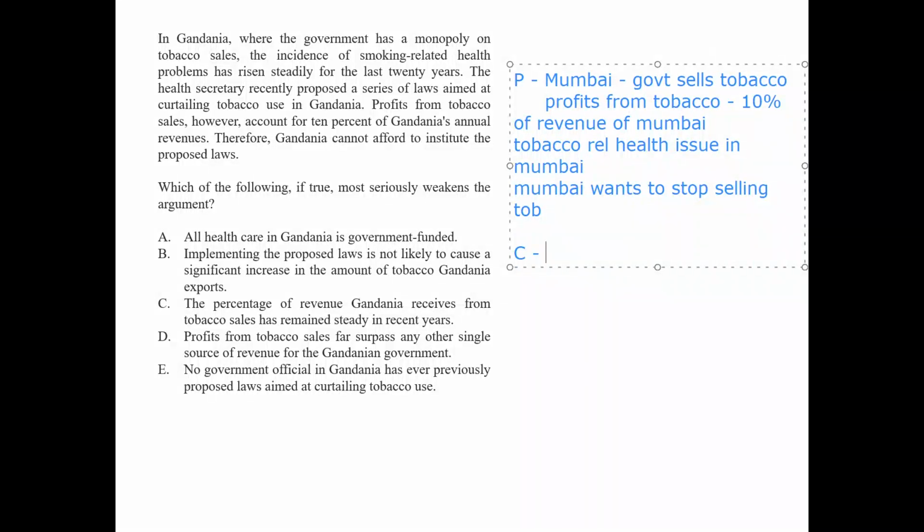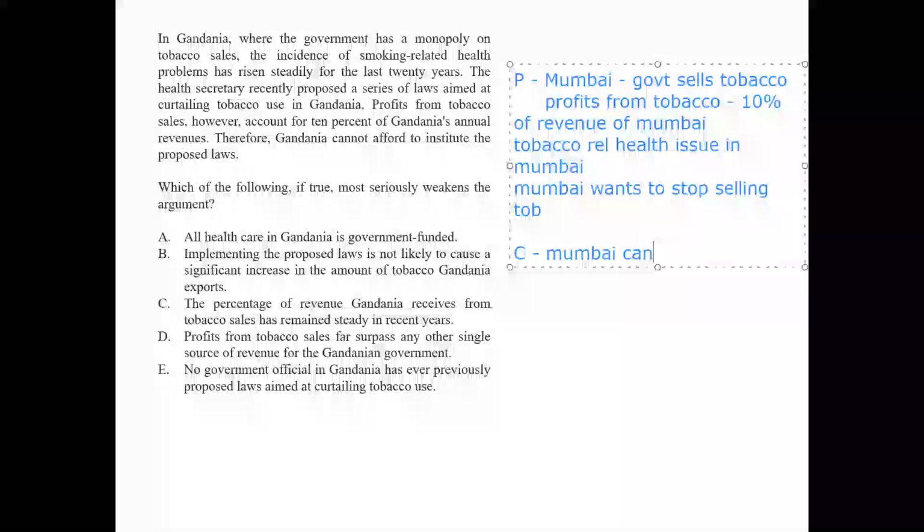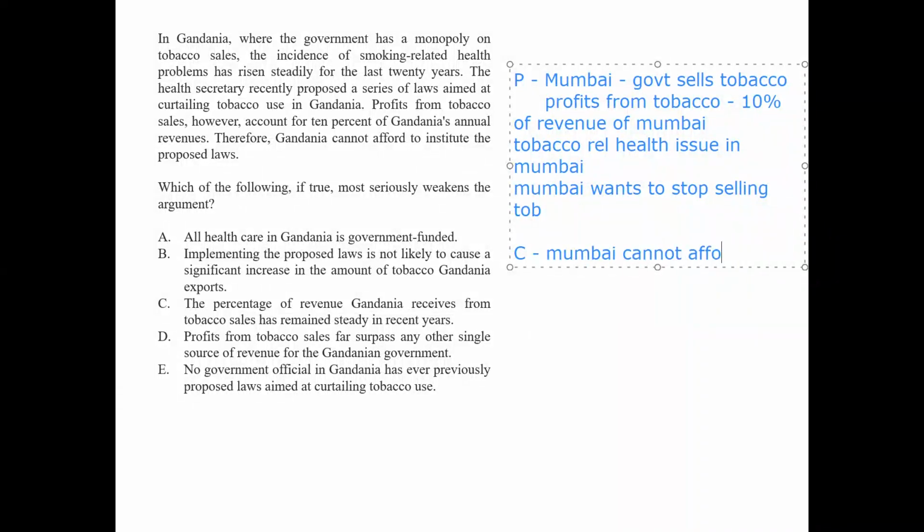If I lose that 10% of profits from tobacco sales, then I have to compromise the infrastructure and the developments that should happen in Mumbai. So I cannot stop selling tobacco in Mumbai. So the conclusion is Mumbai cannot afford a tobacco ban.